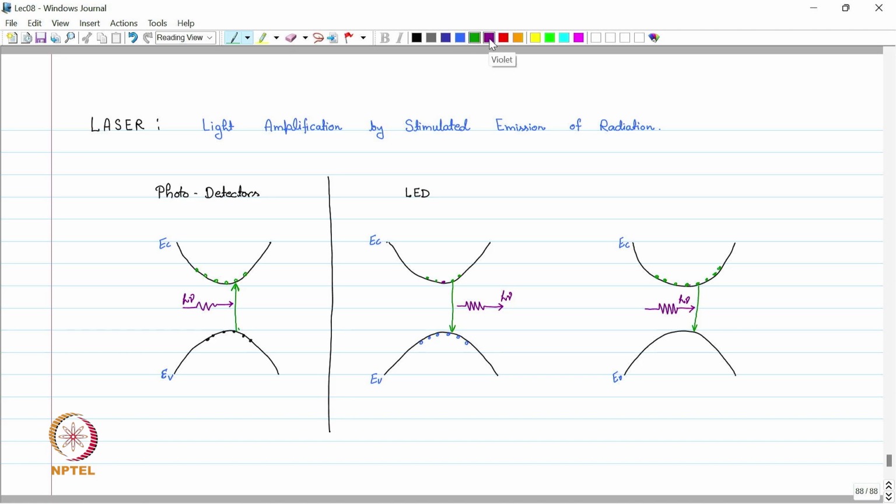Now this photon reacts with this electron such that it generates two photons. This is the newly generated photon, and this is the original one on the left. They are coherent, meaning all their properties are the same. This process is called stimulated emission, and it is very particular to lasers.